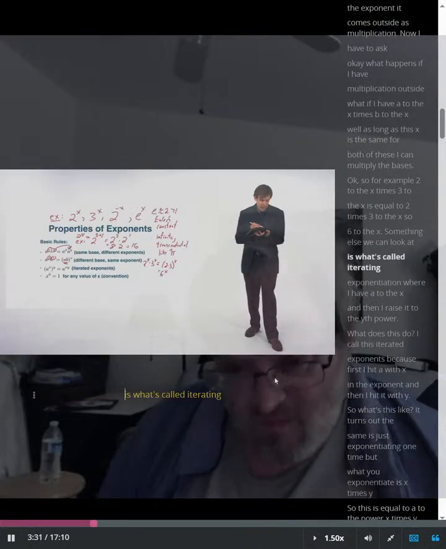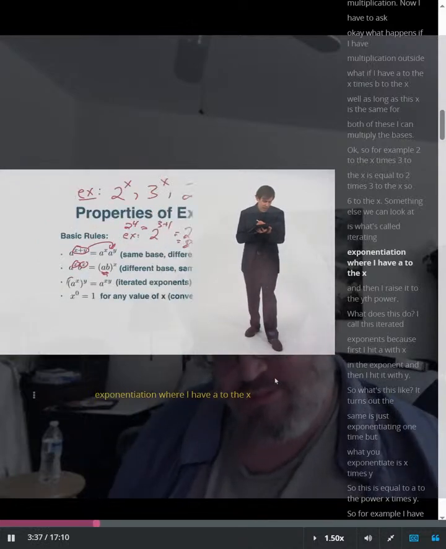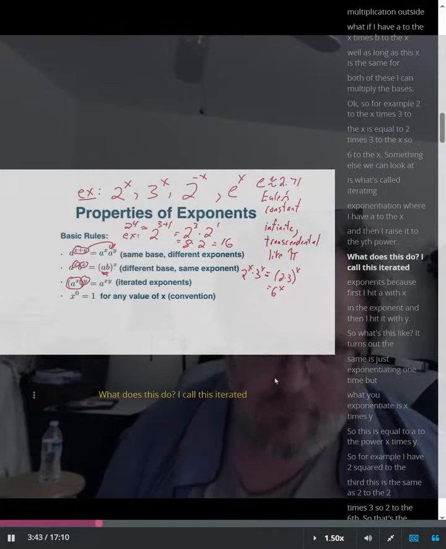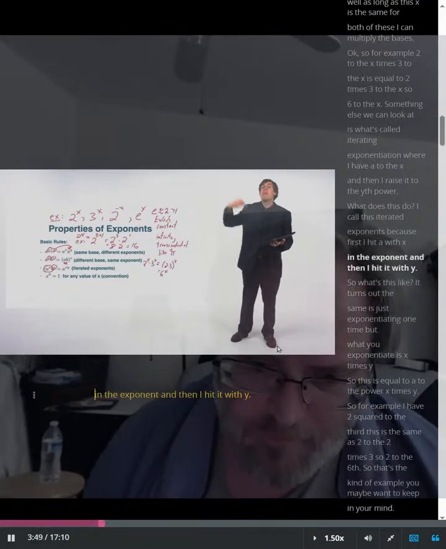Something else we can look at is what's called iterating exponentiation, where I have a to the x, and then I raise it to the yth power. I would call this iterated exponents because first I hit a with x in the exponent, and then I hit it with y.